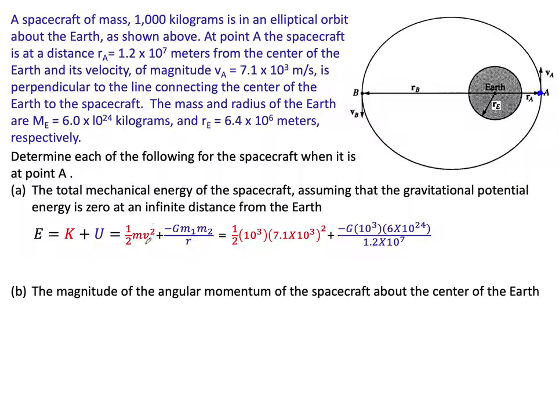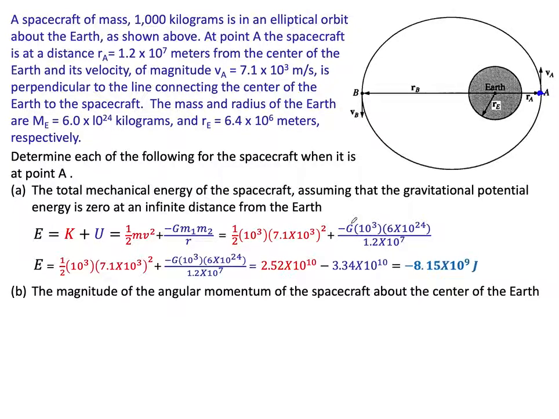Kinetic energy is that. Plugging in our numbers, we get this. I didn't write out G just for space considerations. And if you solve it, you'll end up with that minus that, or negative 8.15 times 10 to the 9 joules. You might say, what, negative?